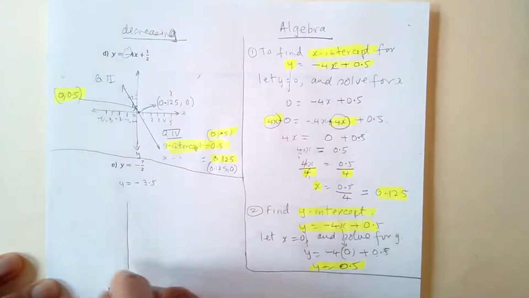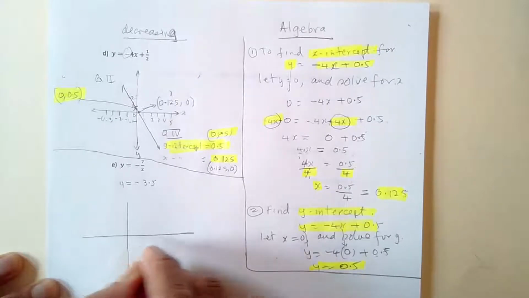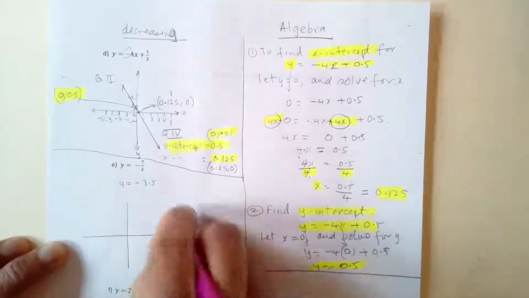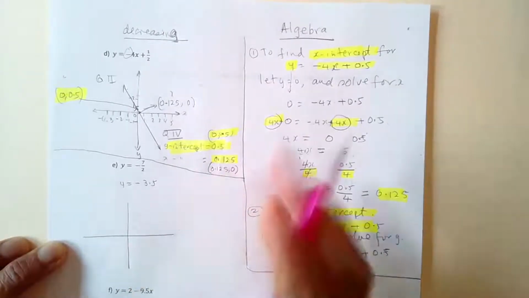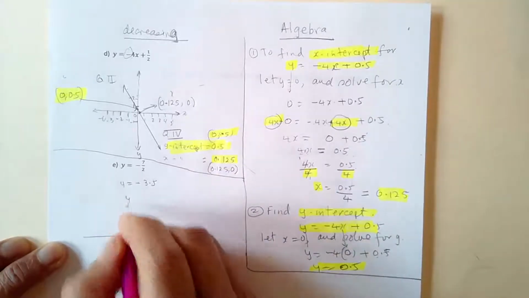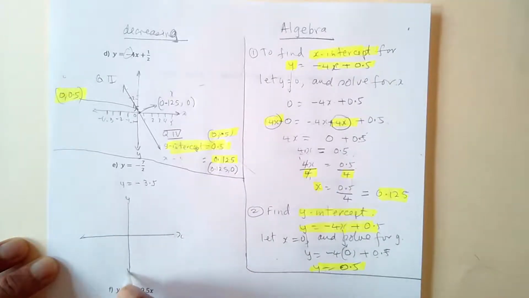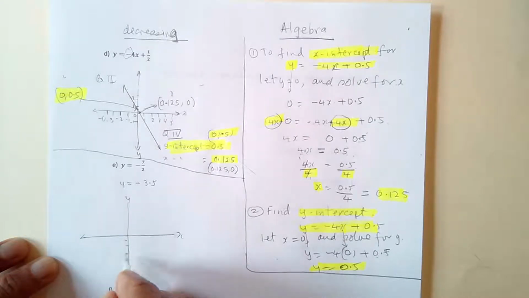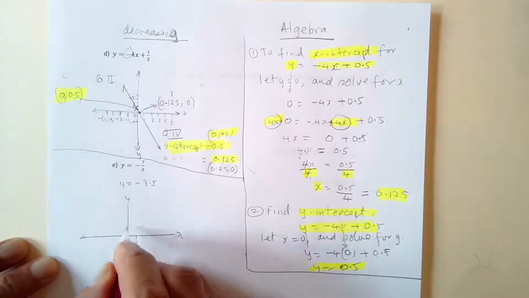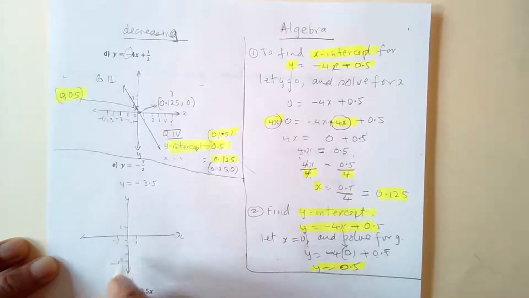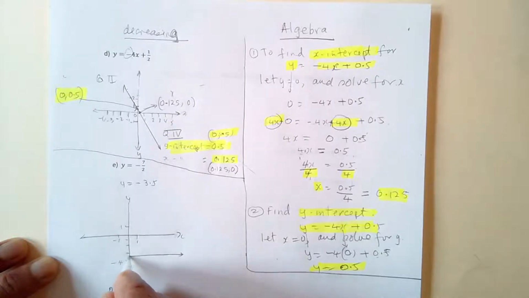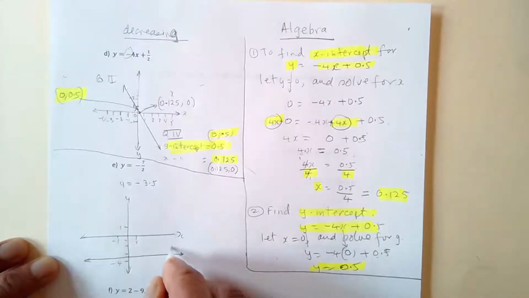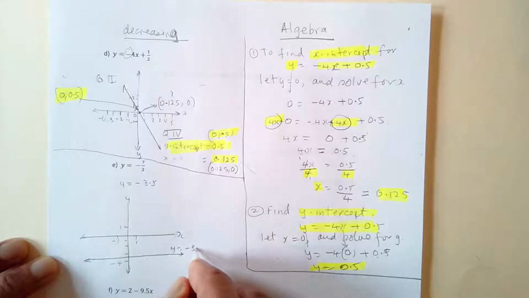Now this would be a line here. So -1, 2, 3, here -4, which is across here. So y is equal to -3.5.